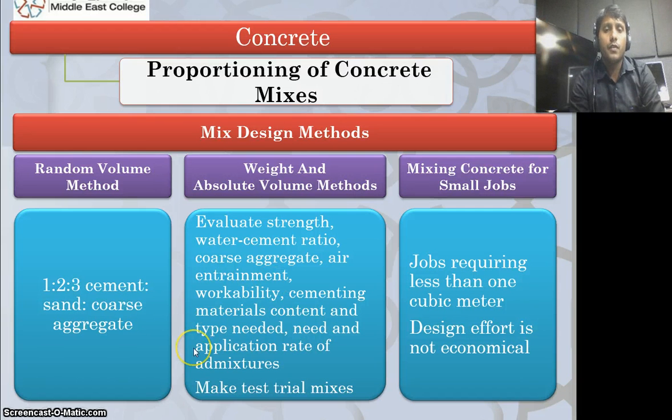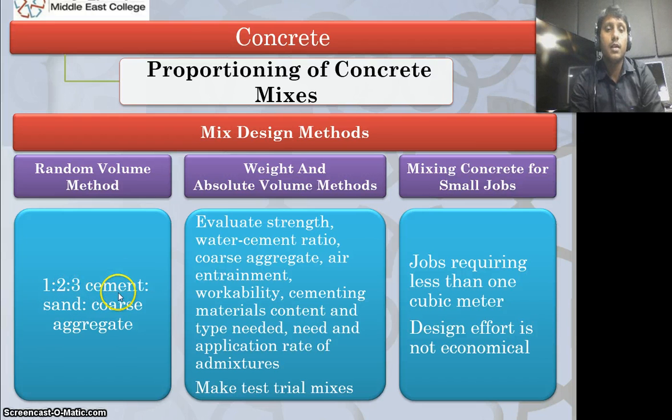The main thing is mix design methods. How to mix the concrete and what methods are there? There are 3 methods: arbitrary volume method, weight and absolute volume methods, and mixing concrete for small jobs. In the arbitrary volume method, generally we consider 1:2:3 by volume, like cement 1, sand 2, coarse aggregate 3.